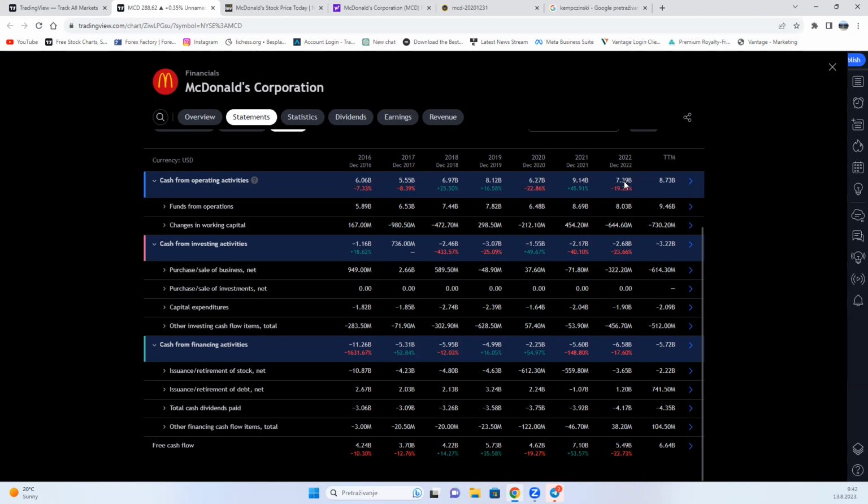Out of this 7.39 billion, they spent 2.68 billion to invest, for example, to open new restaurants within the United States or Canada, Brazil, doesn't matter. They paid $6.58 billion to some financing activities. Now let's look at which financing activities they are.